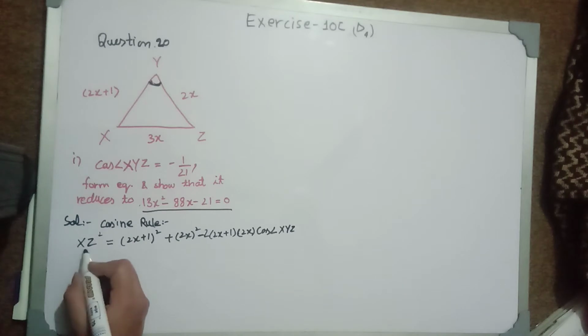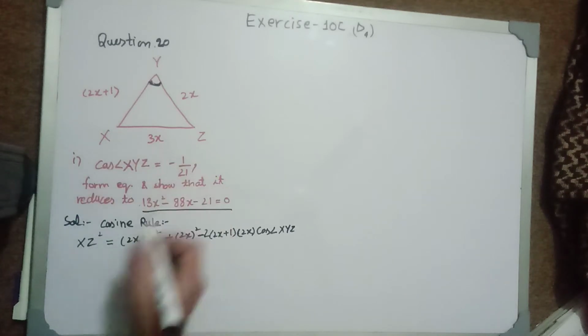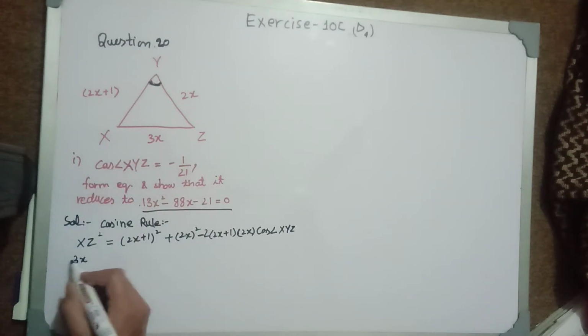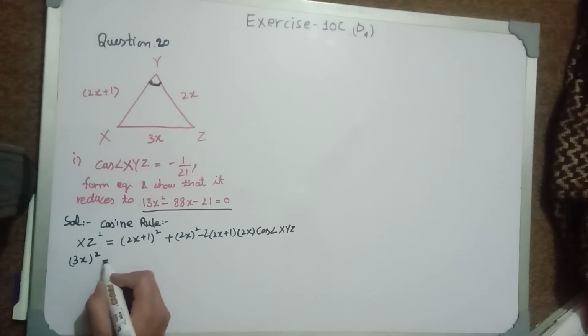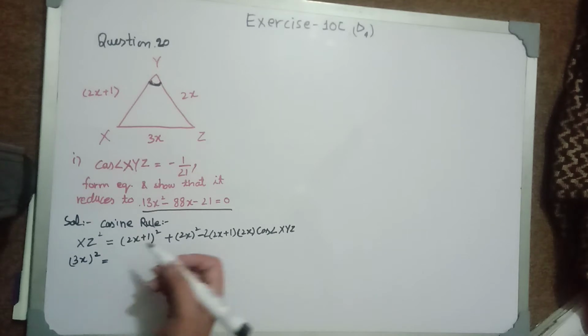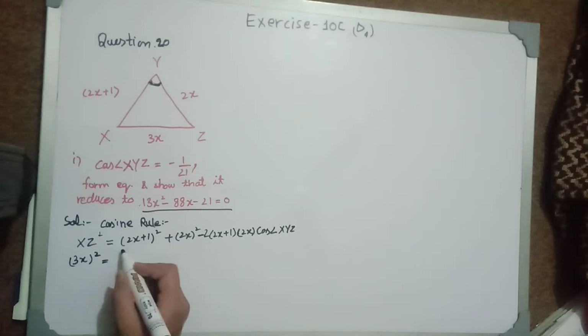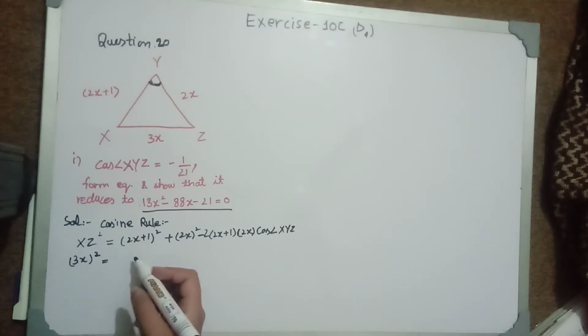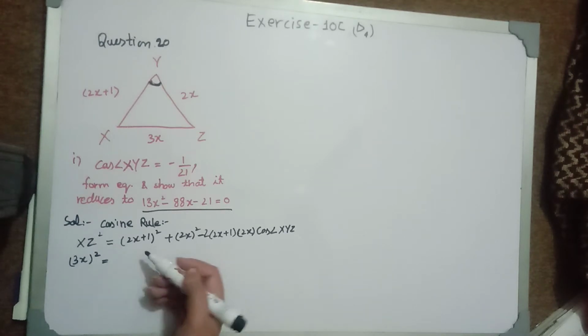and let's substitute the value for XZ, which is 3x, whole square, equals... now let's open it using the formula. I'm sure you are all aware of that. Whenever we get this kind of form, we open it by applying the whole square formula.